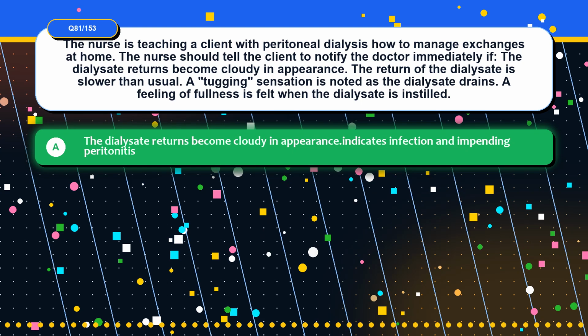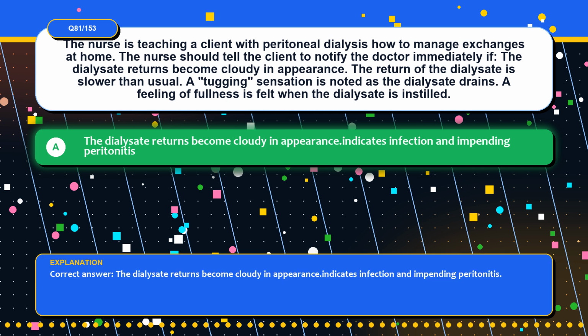The correct answer is option A. The dialysate returns become cloudy in appearance, which indicates infection and impending peritonitis.